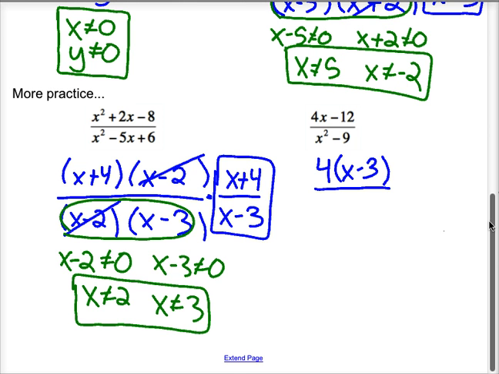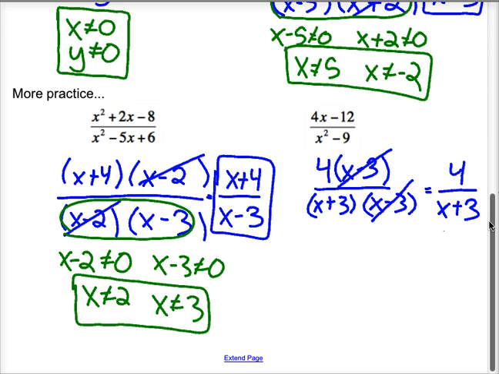And the bottom is that special case. The bottom is that difference of squares, where you get that plus minus relationship, x plus 3, x minus 3, and now I cancel accordingly to be left with 4 over x plus 3 as my simplified expression.